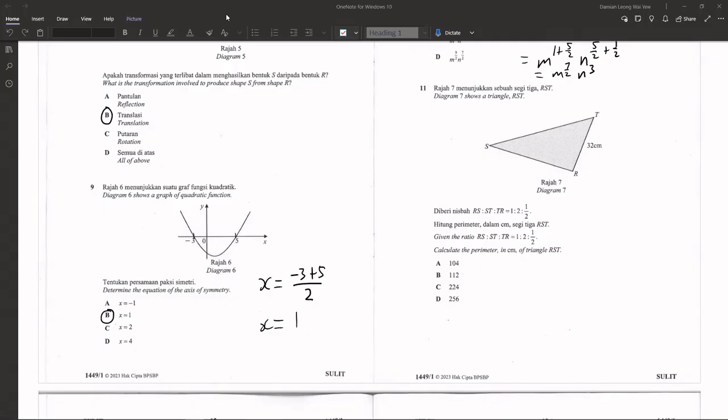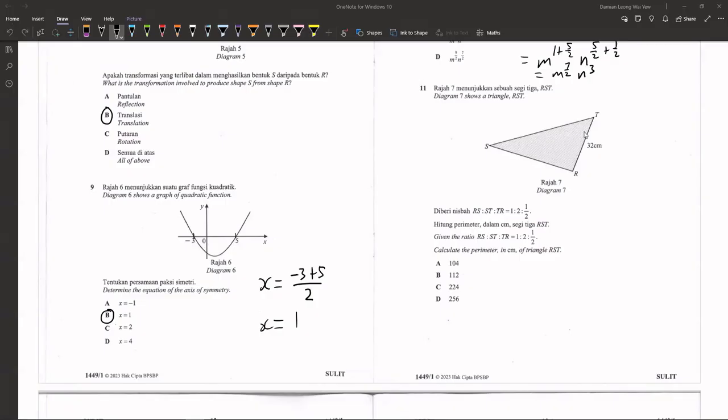Calculate the perimeter, in cm, of triangle RST. So we need to calculate the perimeter of this triangle. That is why we need each length of the sides, each distance of the sides in this triangle.